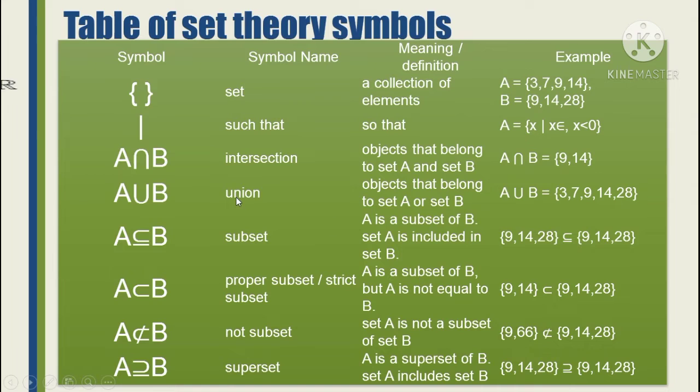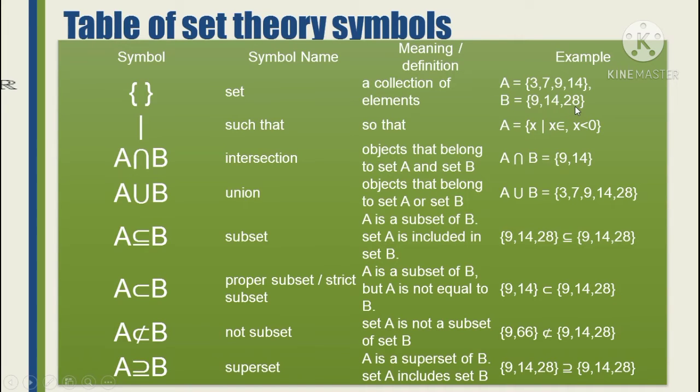Okay, this is the table of set theory symbols. Ito, kung nakita nyo kanina, parang summary lang nung aking pinagsasabi sa last topic natin. Ito yung symbol natin for set, and yung definition niya is a collection of elements. So, example nito, A is an element of 3, 7, 19, or B is an element of 9, 14, and 28.